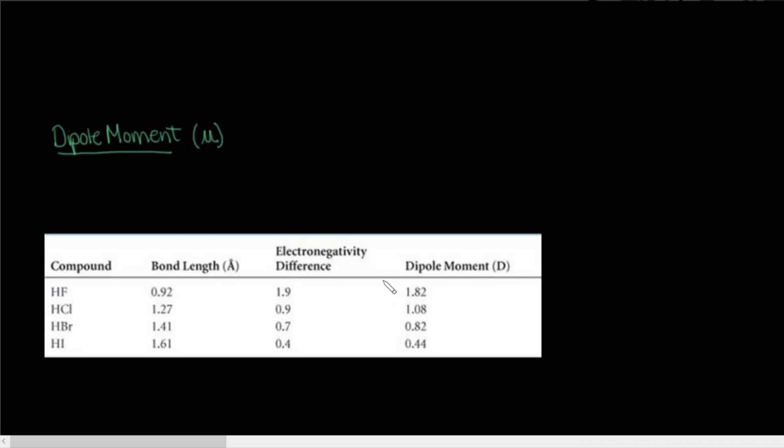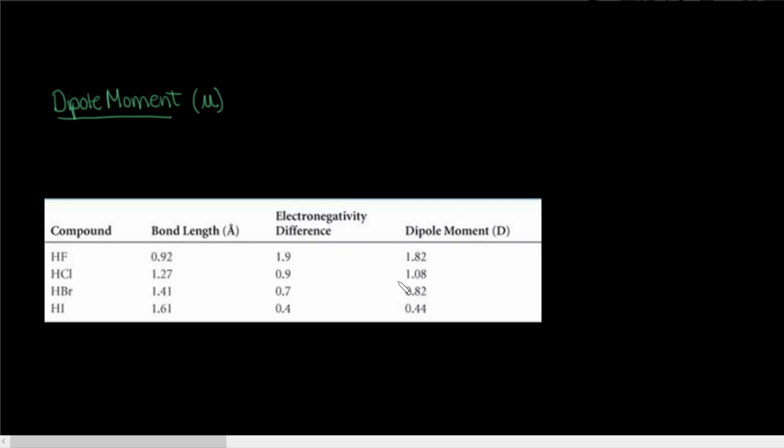So let's talk more about these dipole moments, okay? We can actually calculate the dipole moment, or like how strongly the electrons have shifted to one side of the molecule or another. So a dipole moment is an area or areas on the molecule with charge.